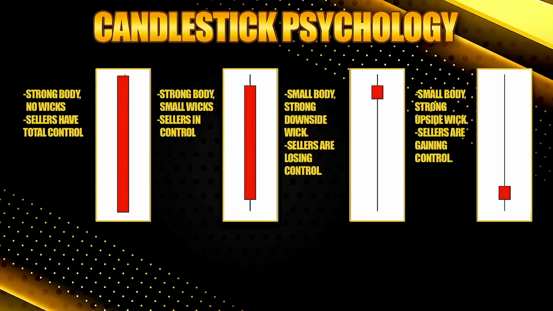All right? So this next candle, watch this, it's a small body, but a strong downside wick. Now, this candle is actually, watch this, y'all, this candle is actually not what you think it is, even though it's a red candle.